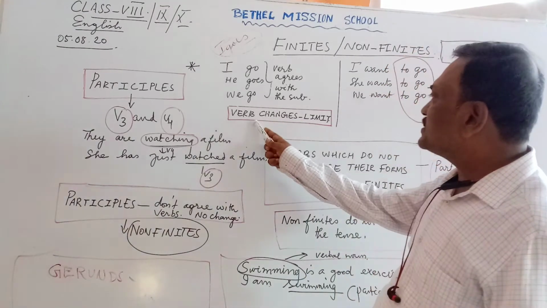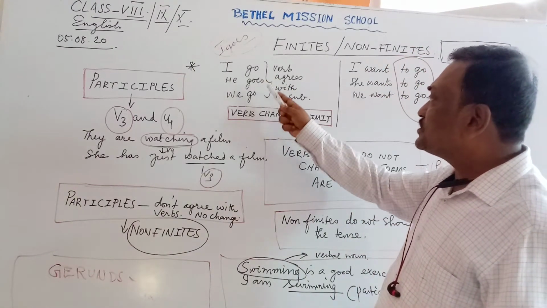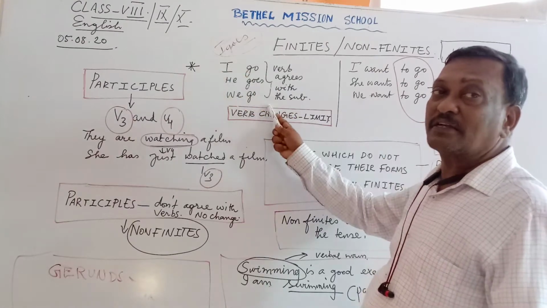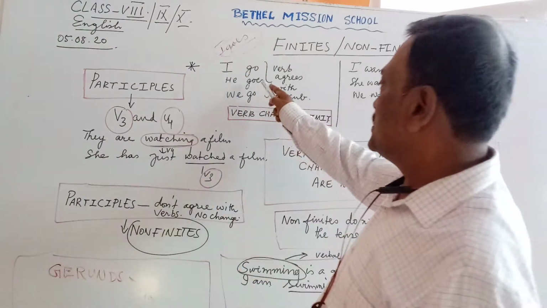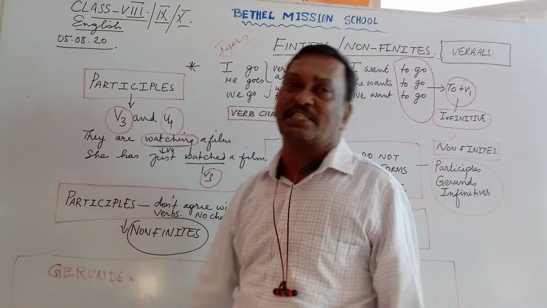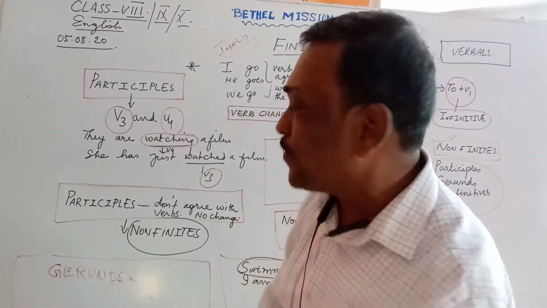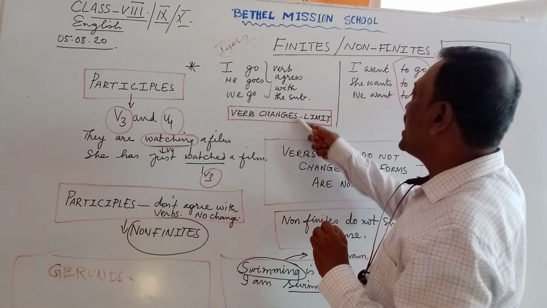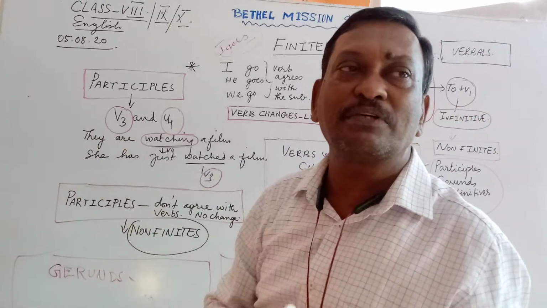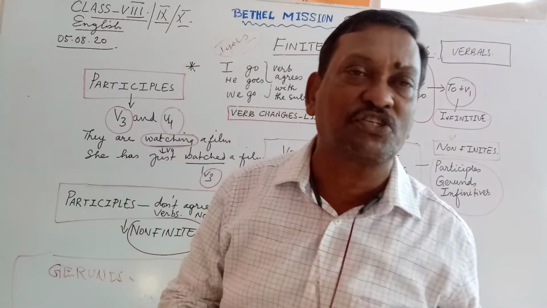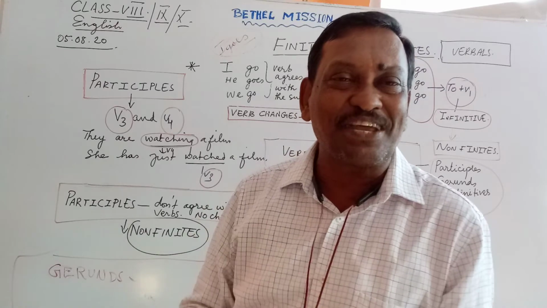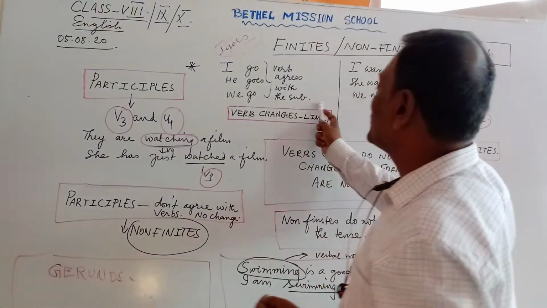Now, since these verbs change according to the subject, I repeat, these verbs change according to the subjects, therefore, these verbs have a limitation. They cannot go beyond their limit. They cannot cross their boundary. Therefore, they are finite.